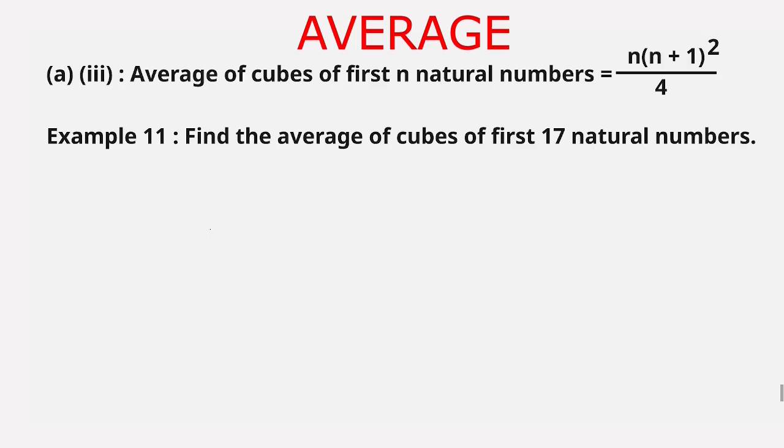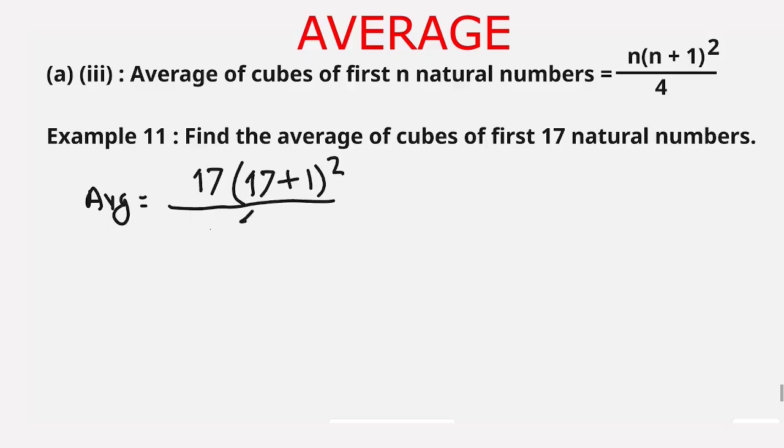Here n equals 17. So we use the formula average equals 17 into 17 plus 1 whole square divided by 4.